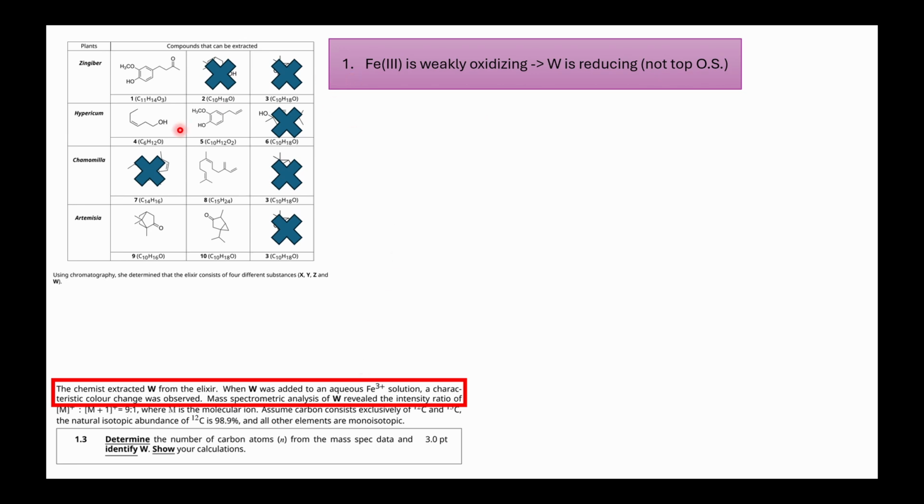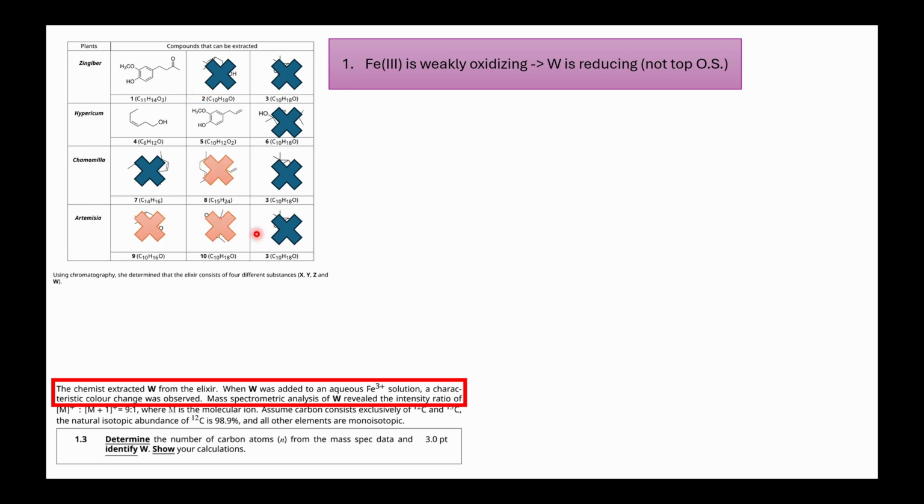So you shouldn't have something in its top oxidation state, because if one part of your molecule is already fully oxidized, then it can't really react with the Fe3 plus again. Of course, another part of your molecule can react, but you can just check both parts out.